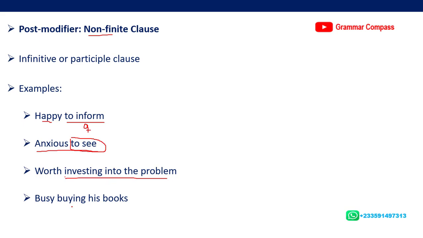Now another participial clause in the post-modifying position is buying his books. This participial clause also qualifies the adjective head busy. So these are instances where the adjective head is qualified or post-modified by non-finite clauses, particularly the to-infinitive clause and the ing participial clause.